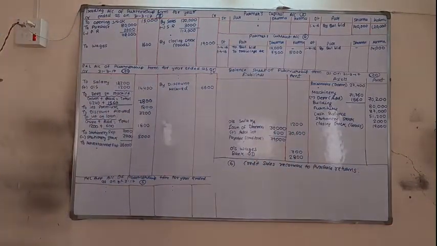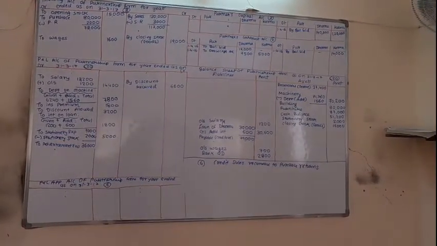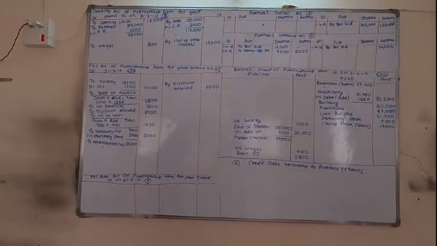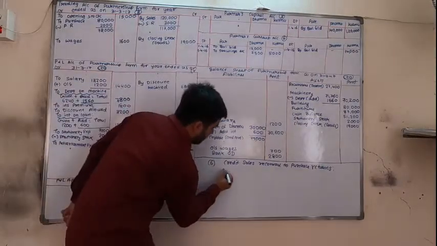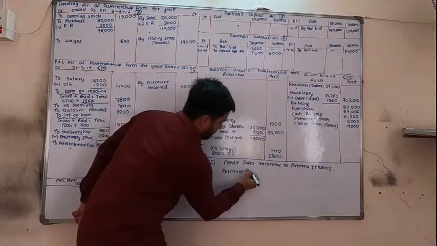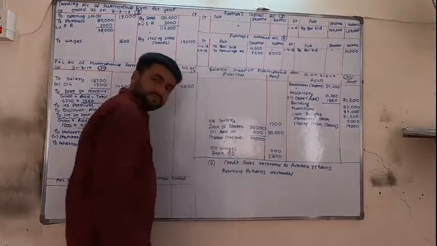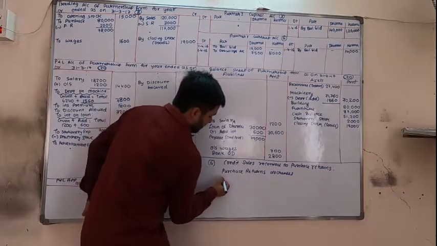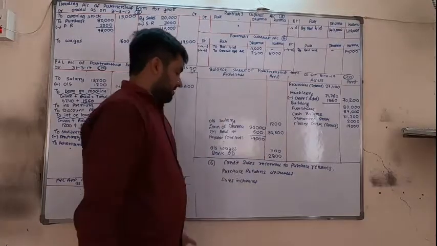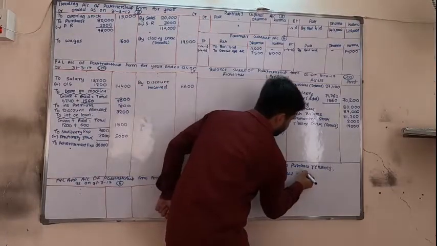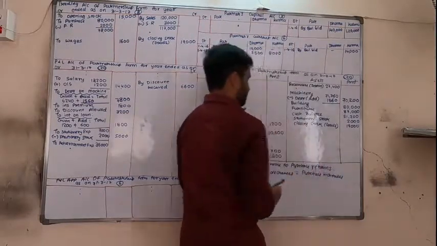Now for that, purchase returns decreases and sales increases. Now purchase return will decrease is equal to purchase increases.